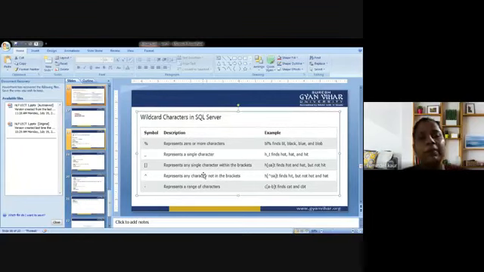So there are various symbols that could be used. There is a description, and there is an example given here. So the percentage symbol could represent 0 or more characters. For example, this one.